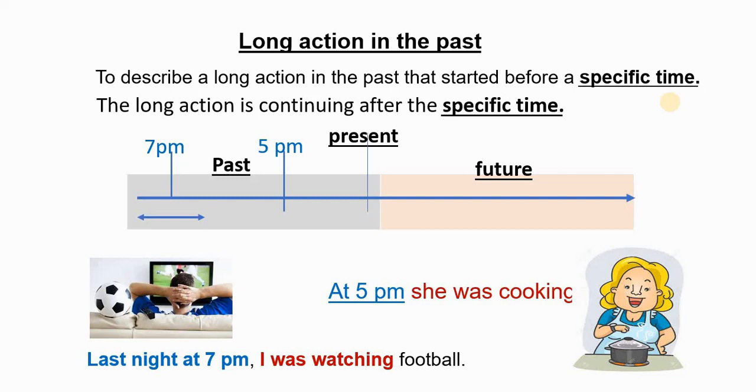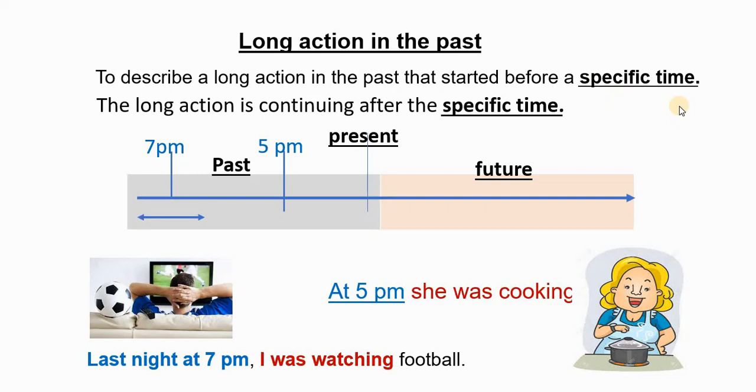So again, guys, long action in the past, common uses. When do we use past continuous? The first use is to describe a long action in the past that started before a specific time.